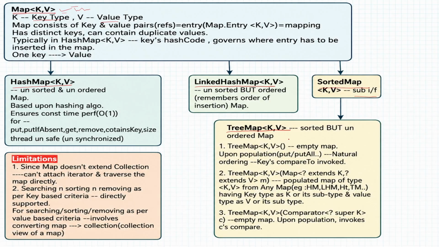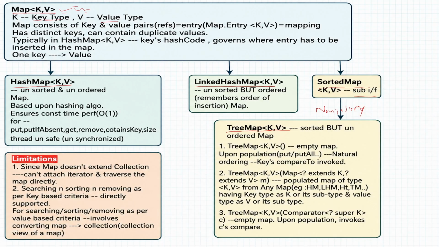Implementation class is the class which is implementing the particular interface. So TreeMap is the implementation class which is implementing the SortedMap interface. There is one in between, NavigableMap, but for now you understood it like this.